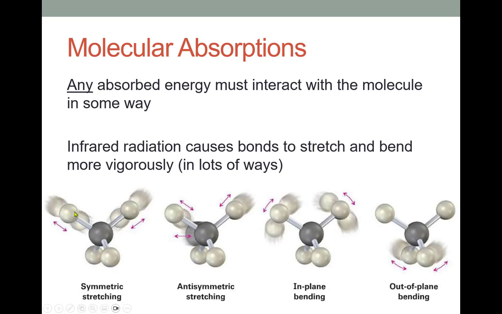You could imagine this spring, this bond, stretching as those two atoms move closer to or further apart from one another. If that happens in a symmetric way, we get symmetric stretching. If it happens in an asymmetric way, we get asymmetric or anti-symmetric stretching.